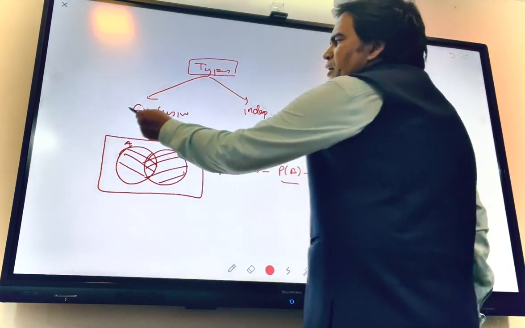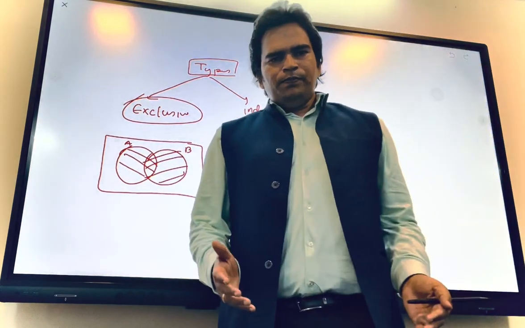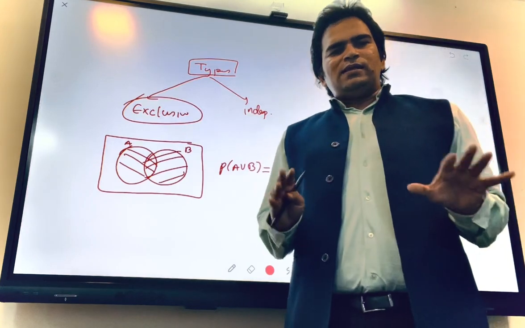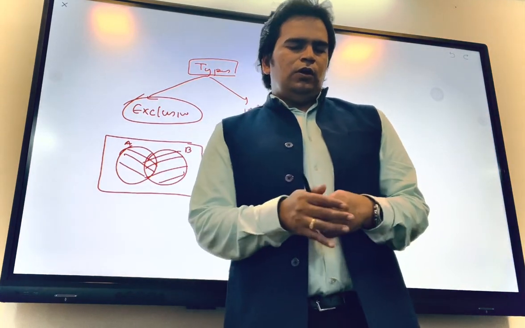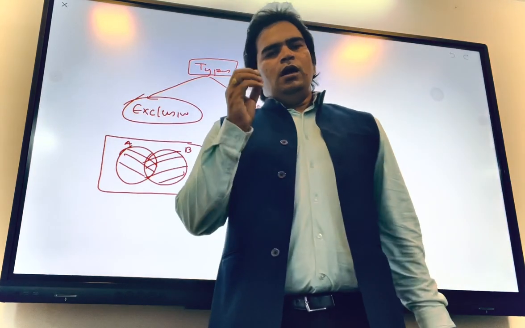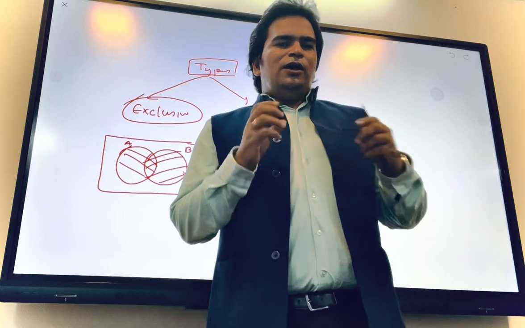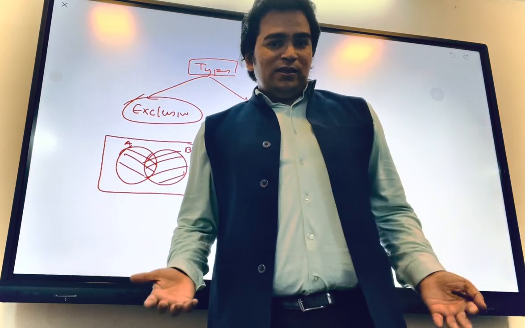Now coming to what exactly we mean by exclusive events. Let me give you a simple example: say in group 5 of IBDP, a student wants to pick up both math HL and SL to study, which is impossible.